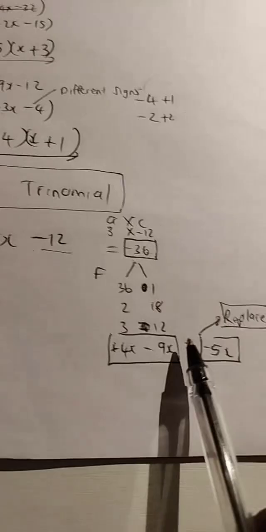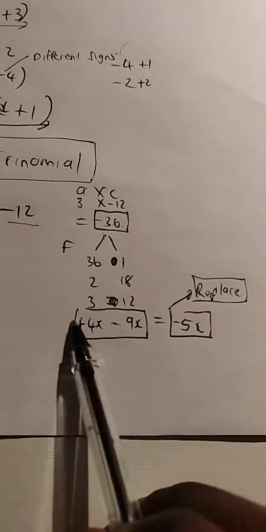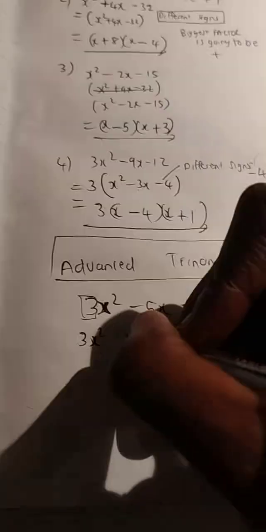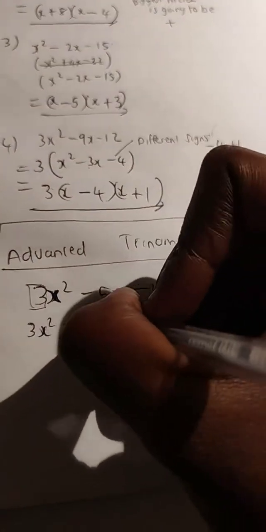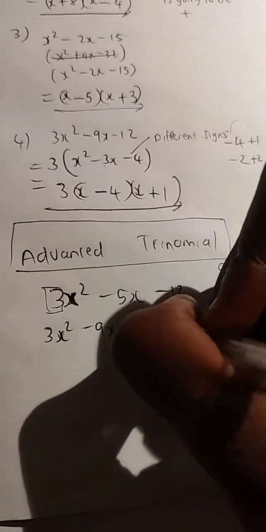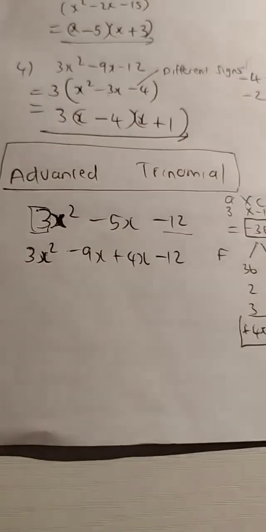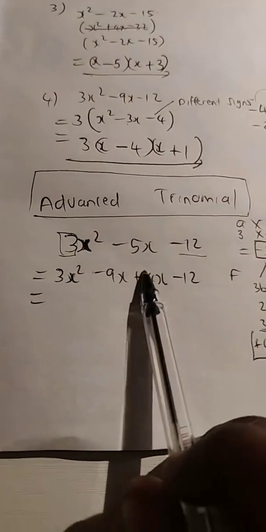In the place of negative 5x, we are going to put 4x minus 9x, or we can say negative 9x plus 4x, minus 12. Then we can proceed and group factorize.